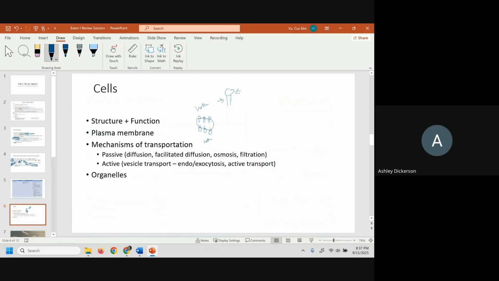Okay? All right. Make sure you know the mechanisms of transport, passive, the different forms of passive: diffusion, facilitated diffusion, osmosis, and filtration. Students always get bogged down by the difference between these two. What's the difference between diffusion and facilitated diffusion?